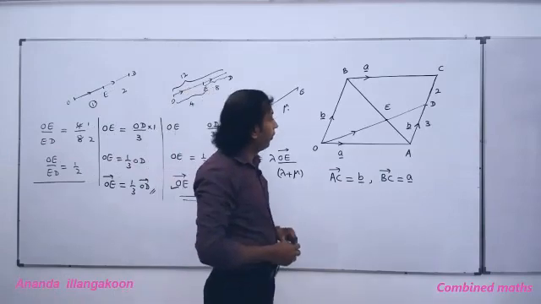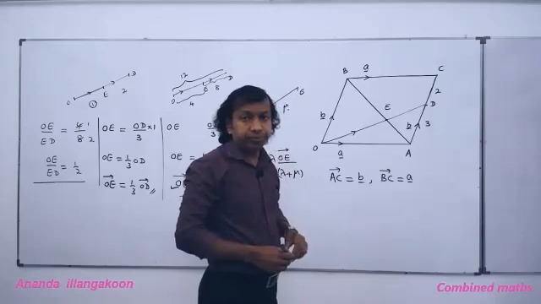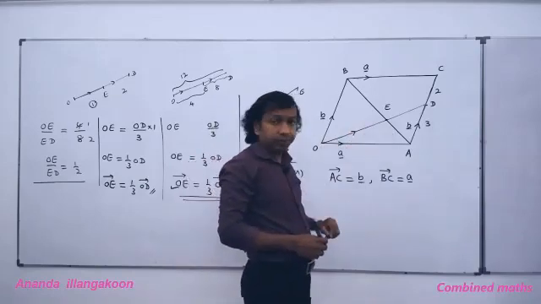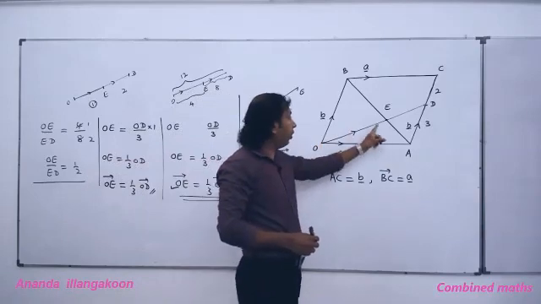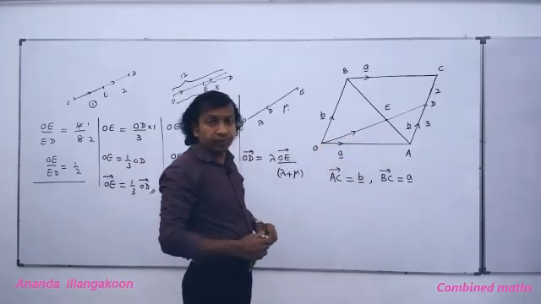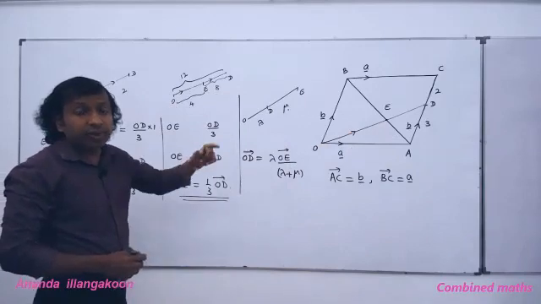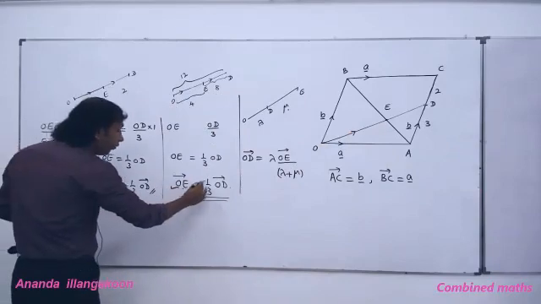Here, OD vector and OE vector are both on the same line. Then when you see this, OE vector can be written as a multiple of OD vector. Here, OE vector is 1/3 OD.